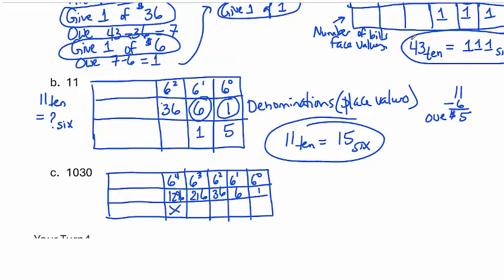We can't give anyone a $1,296 bill because we only owe them $1,030. So we're going to move to the next largest value. This is the next smaller value actually than 1,030, which is 216. Now, how can we figure out how many $216 bills we're going to need? So we have a little bit of arithmetic to do.